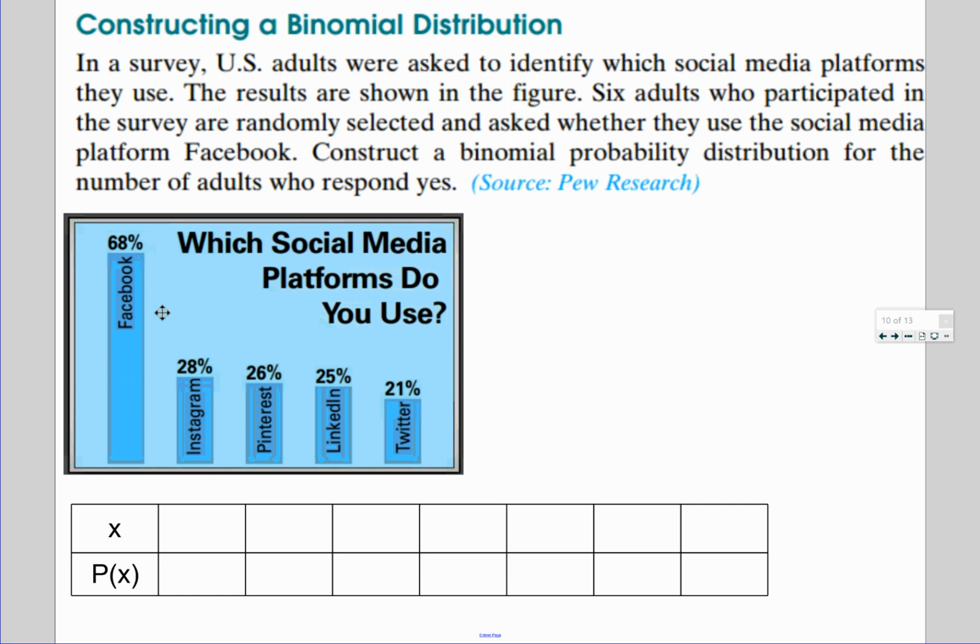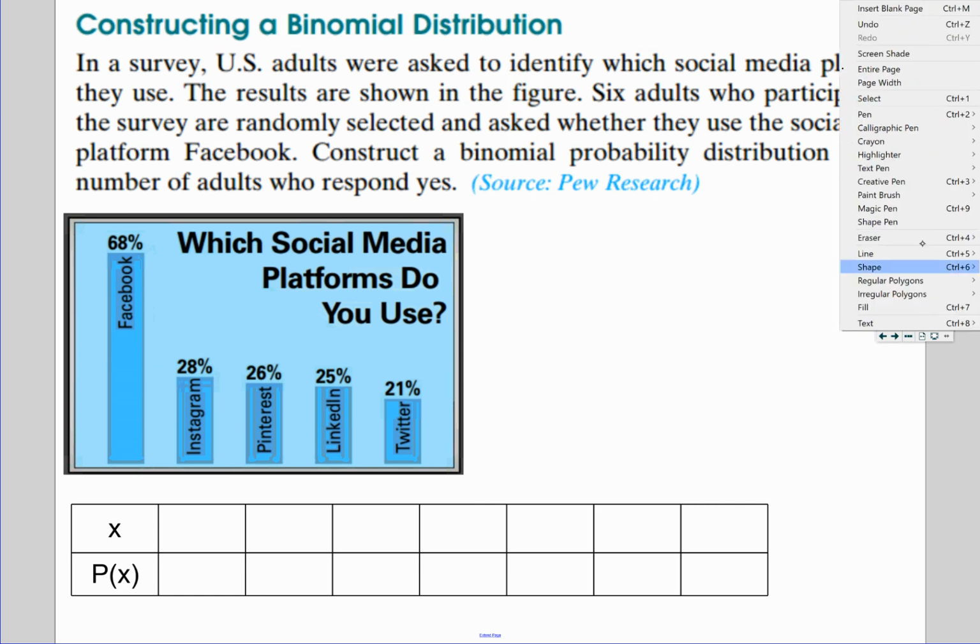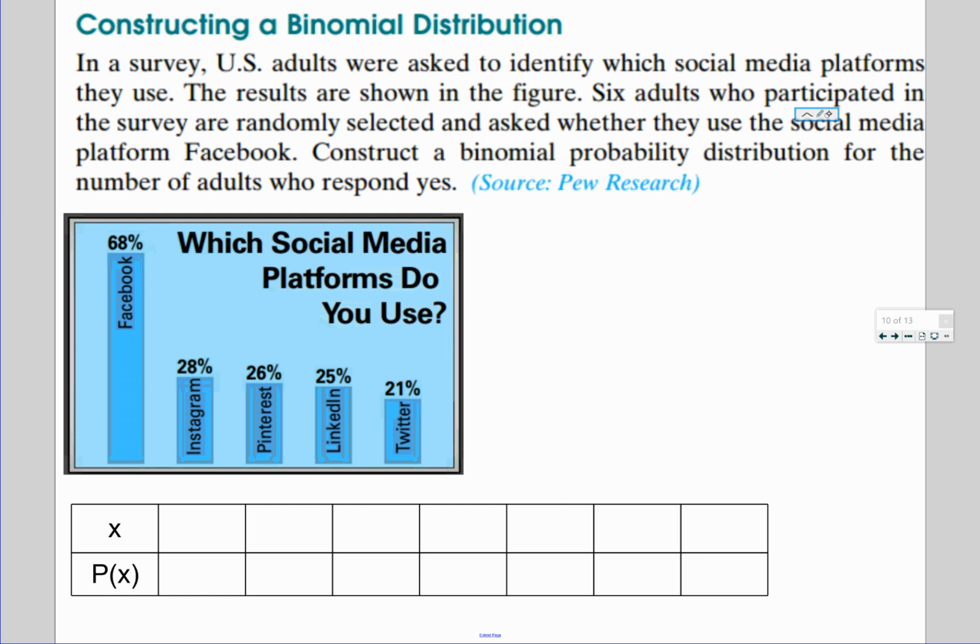Okay, so first of all, there's a lot of extra information here. The only thing that we care about is how many people use Facebook. That's our success. If you use Facebook, it's a success. If you don't use Facebook, it's a fail. Okay, so let's figure out what our N, our P, our Q, and our different values of X can be. So N is how many trials happen in this experiment?